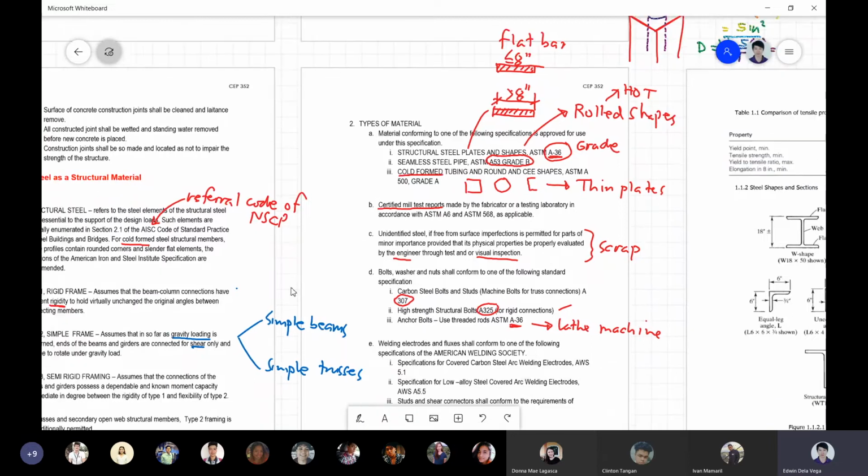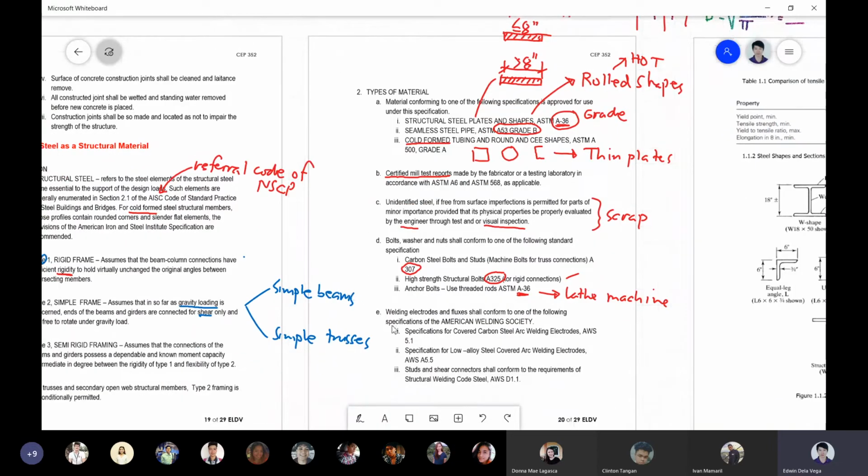Okay, for welding electrodes and fluxes, we go now to welding. We have the AWS, or the American Welding Society, as your basis for standard. And the specifications for covered carbon steel arc welded electrodes referring to AWS 5.1. So specification for low alloy steel covered arc welding electrodes as specified on AWS 5.5.